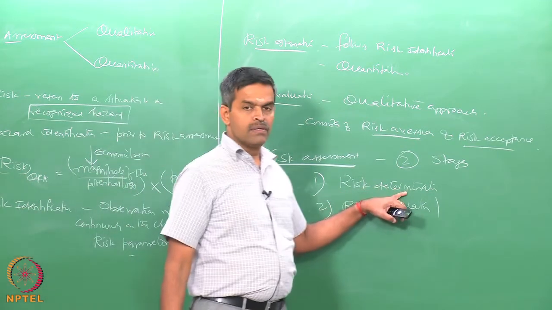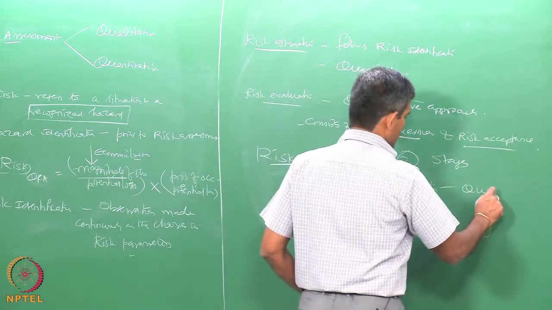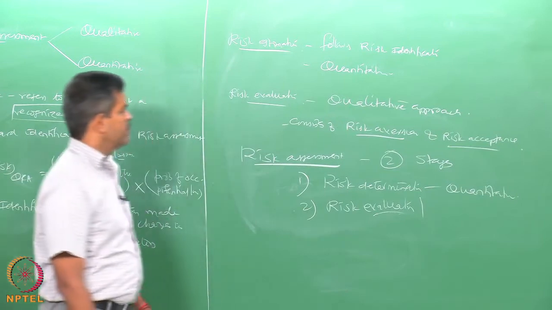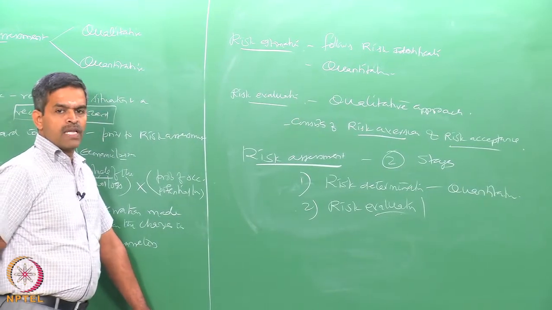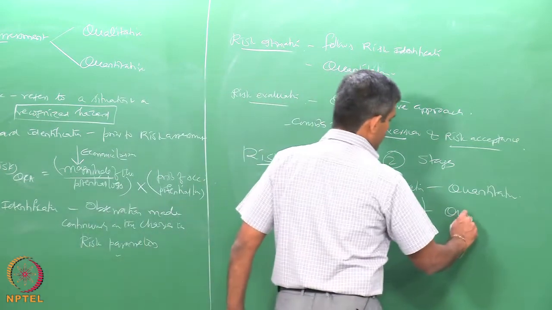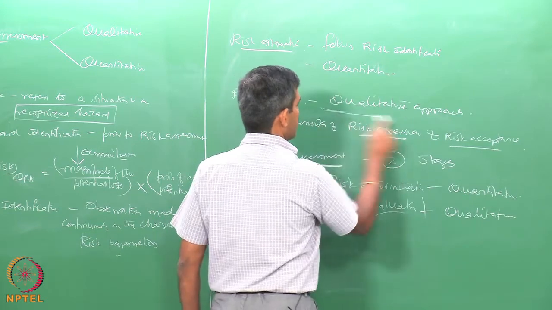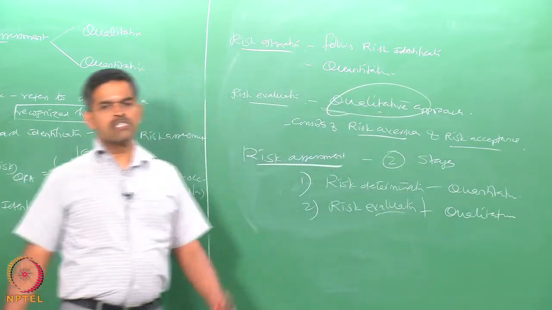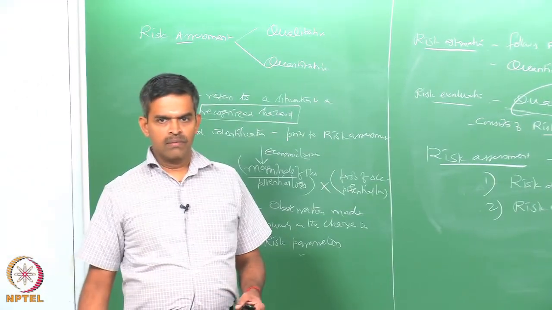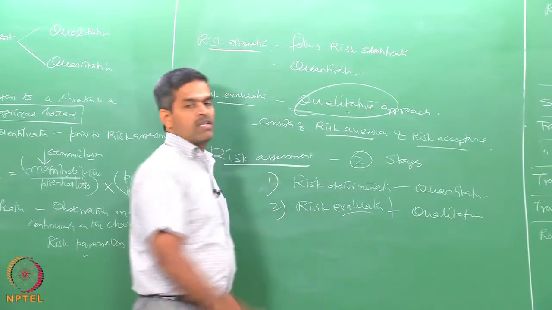Risk determination deals with the numbers, and therefore, this is quantitative. Risk evaluation deals with the analysis in terms of the comparison, therefore, this is qualitative. That is what we said here. So, risk assessment can be both quantitative and qualitative, because it deals with two stages. One is the determination, other is evaluation.